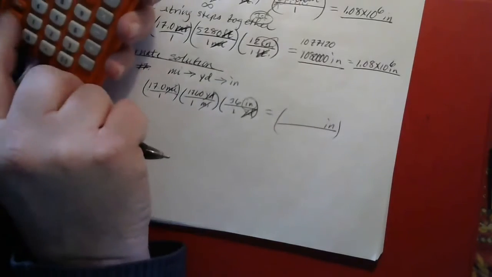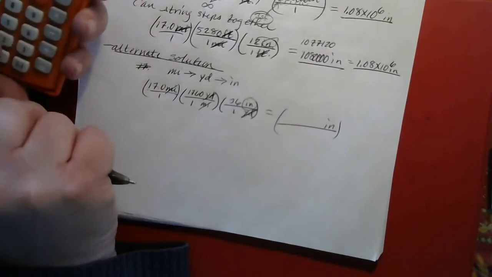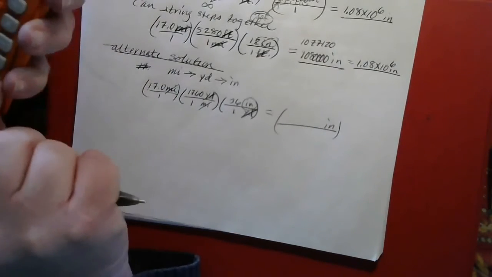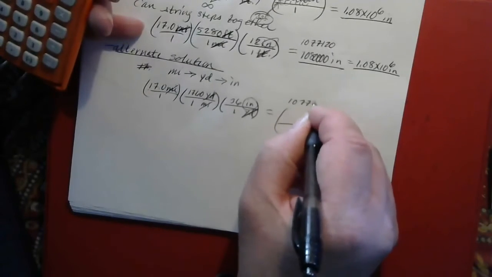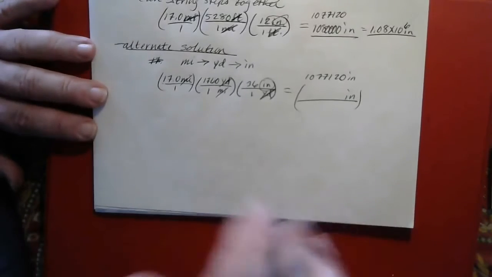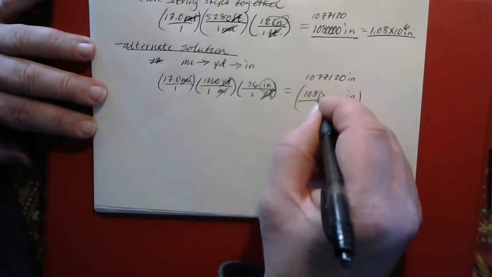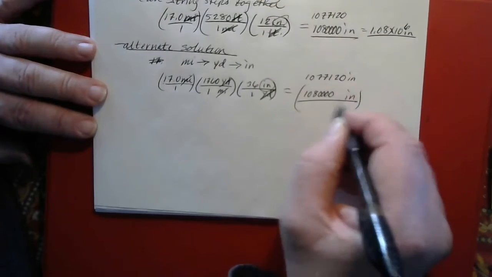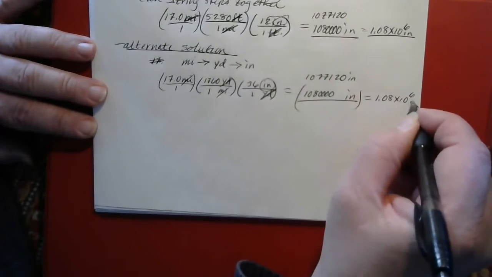And if we multiply 17 times 1,760 times 36, we get 1,077,120, which rounds off to 1,080,000, or 1.08 times 10 to the 6th.